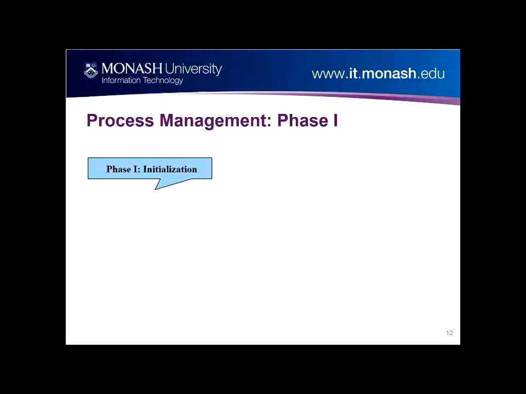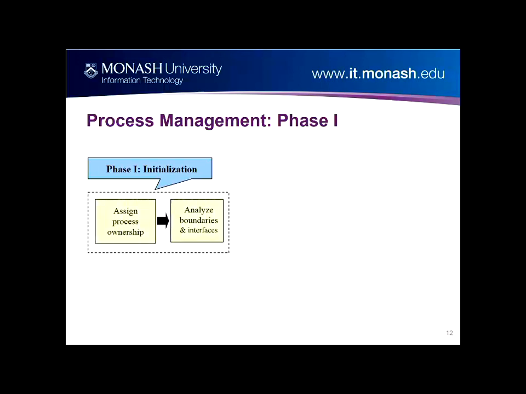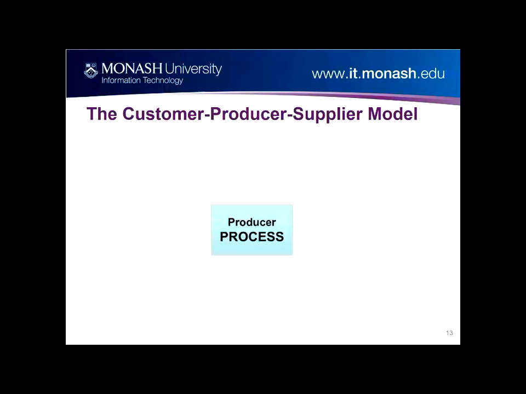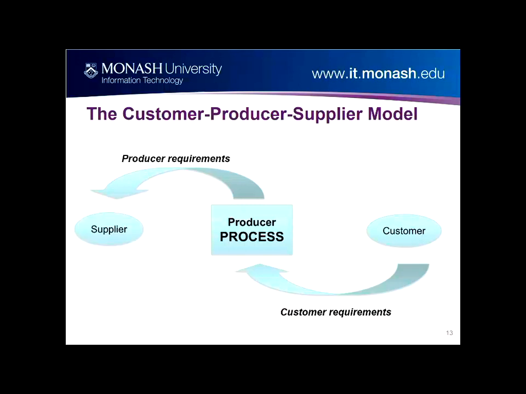So phase one, initialization, we have already said that. And then you go to phase two, which is definition. In initialization, you look at the supplier. The supplier pushes input into your producer process, and the producer's output goes to the customer.